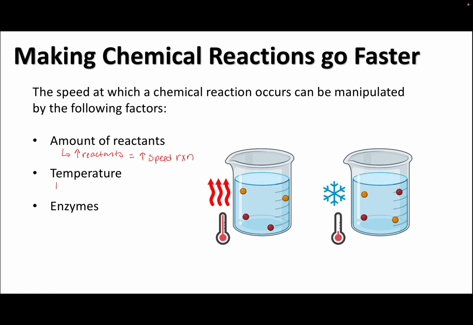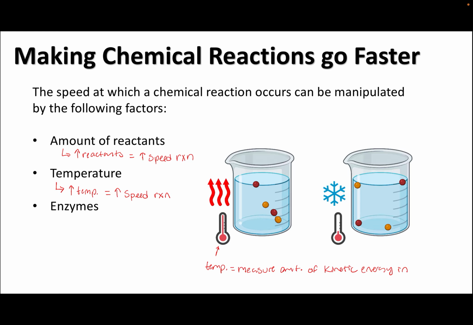Changing temperature is also something that can affect the rate of the reaction. Technically speaking, if you increase the temperature of the system, then you are going to increase the speed of the reaction. In terms of why, temperature measures the amount of kinetic energy that the substance possesses in the system.